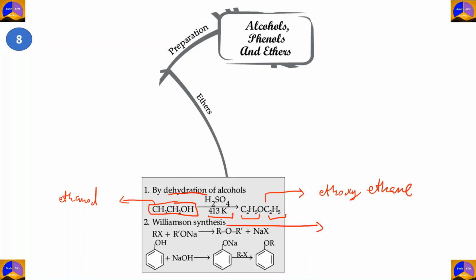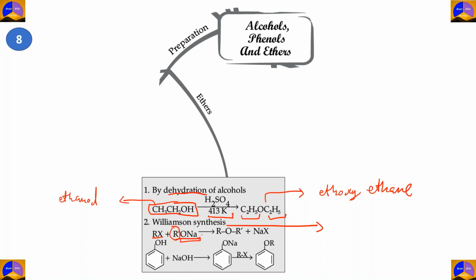The second reaction is a named reaction, and it's known as Williamson's ether synthesis. So in here, an alkyl halide reacts with a sodium alkoxide. So this is an alkyl group, and this is an ONa part of it.